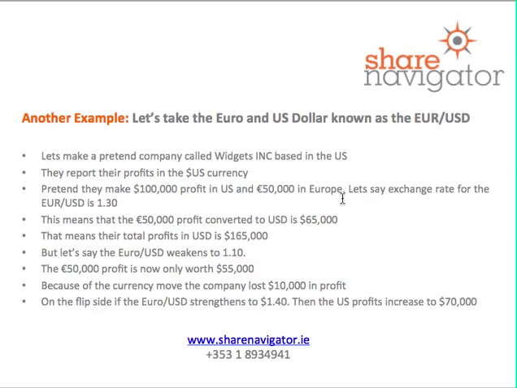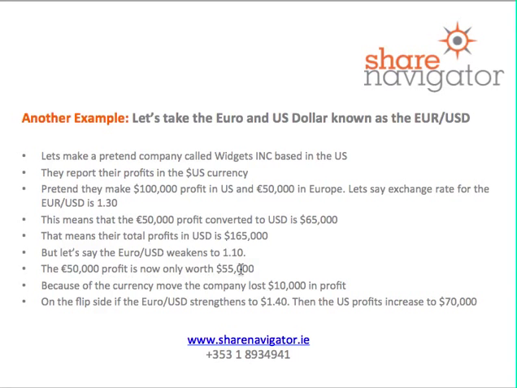If we say the exchange rate for the euro dollar at the time is 1.30, this means that the €50,000 profit in Europe converted into US dollars is €50,000 multiplied by 1.3, which gives you $65,000. That means total profit is $165,000 for Widgets Incorporated.